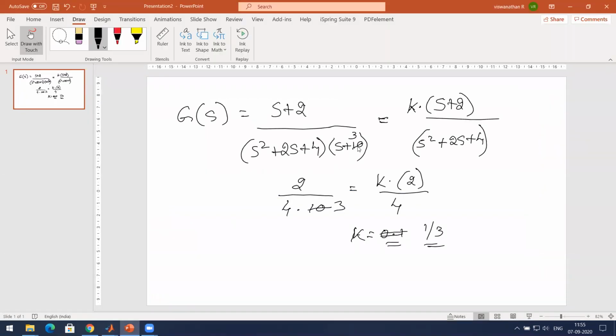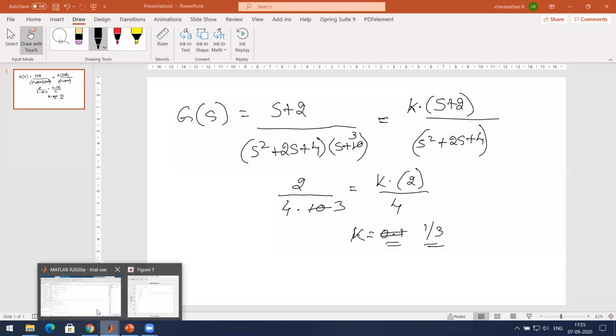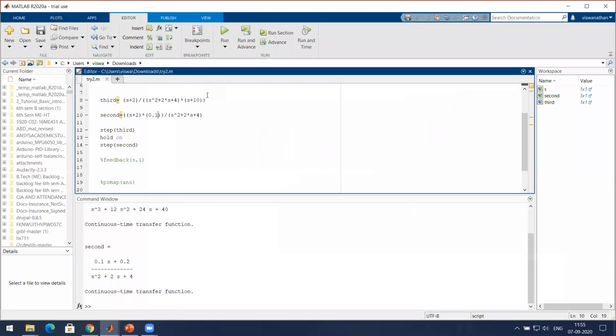I'll make this 15. Can somebody find out the gain for 15? It will be 1 by 15, sir. 1 by 15. Okay, I change it to 15 and make this 1 by 15.